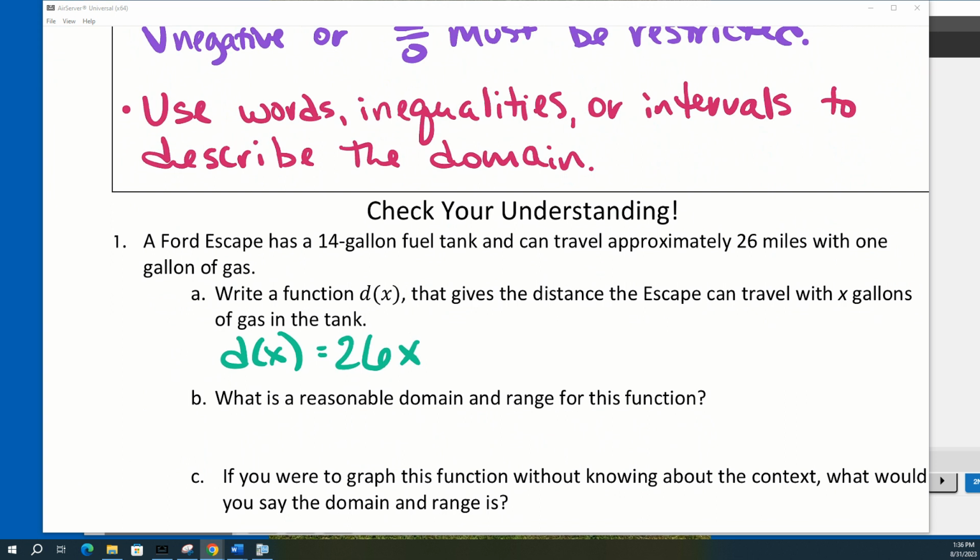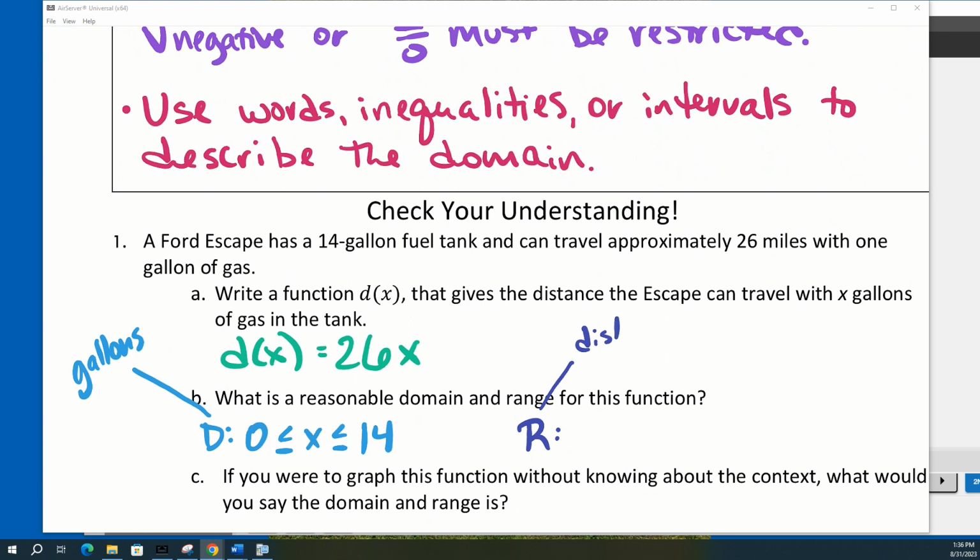All right, let's talk about a reasonable domain and range. So domain, we're talking about gallons of gas because that's the x. What's the smallest amount of gas you can have in your tank? 0. And for this Ford Escape, what is the most you can have? 14. Good. All right, range, we're talking about distance.